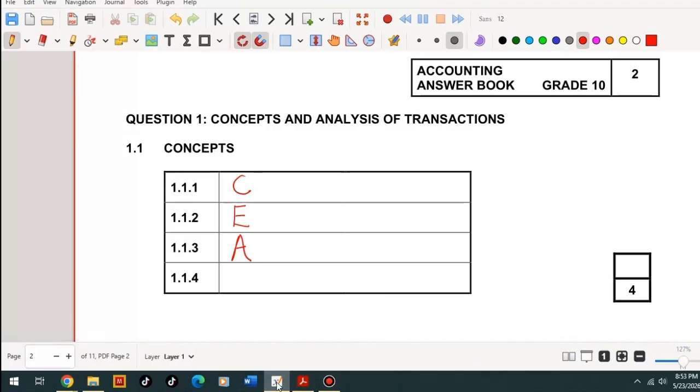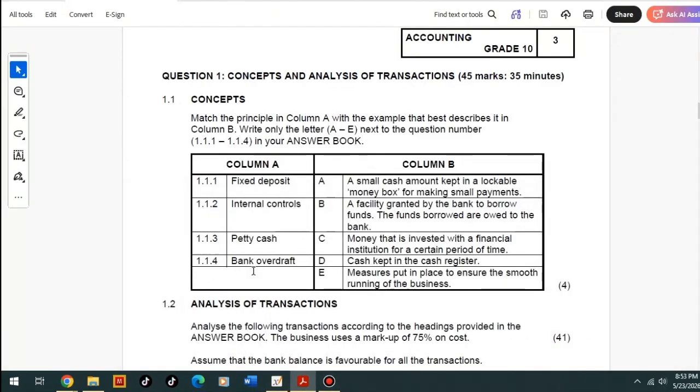Then the next question is bank overdraft. What is a bank overdraft? A bank overdraft is when the bank allows you to withdraw more than what is in your account. You don't have sufficient funds in your account, but the bank gives you the allowance to take more than what is in your account. What it means now is you've got a liability.